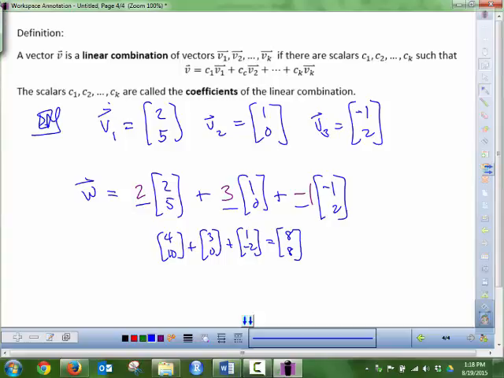You just chose those coefficients arbitrarily, randomly.